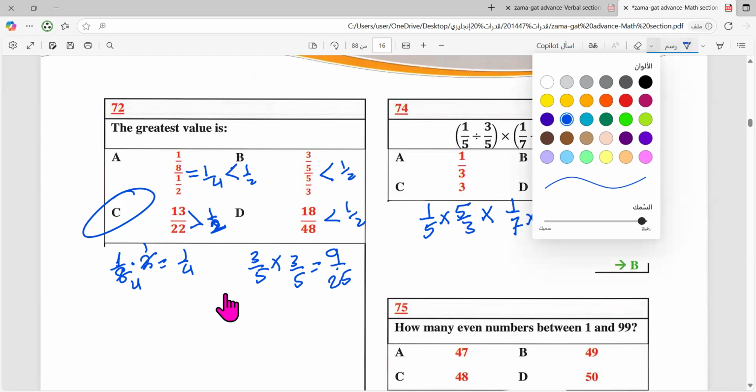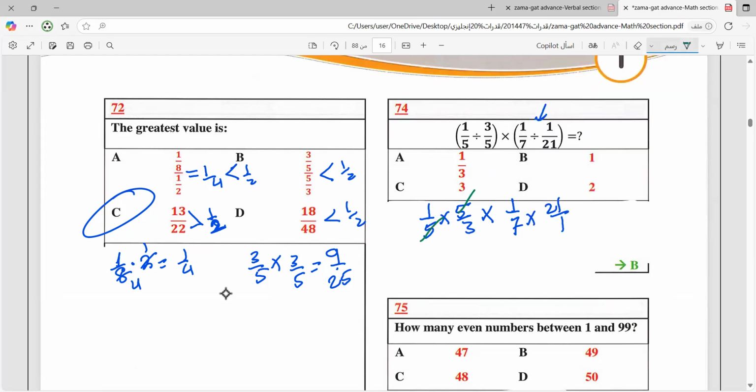Then we simplify 5 with 5, it will be 1 over 3 times. You divide here, 7 divided by 7 is 1, 21 divided by 7 is 3. So times 3. Simplify also, you get 1. Clear?